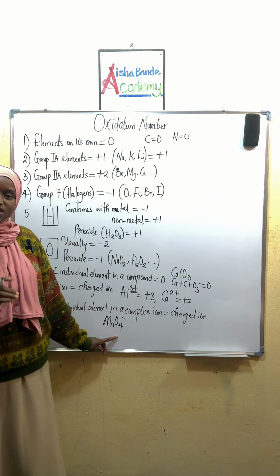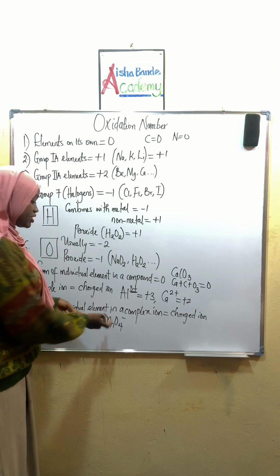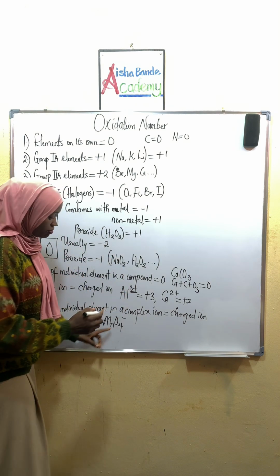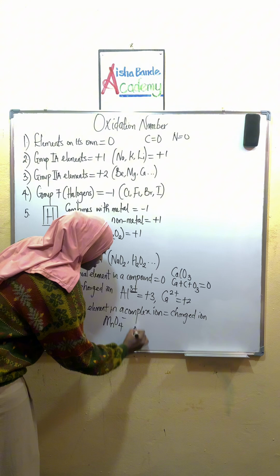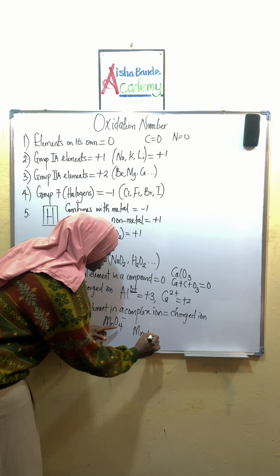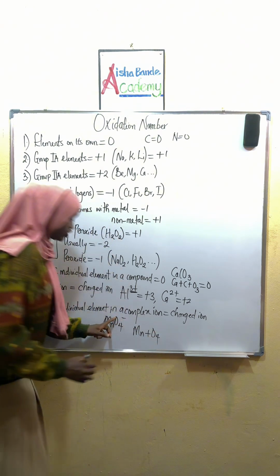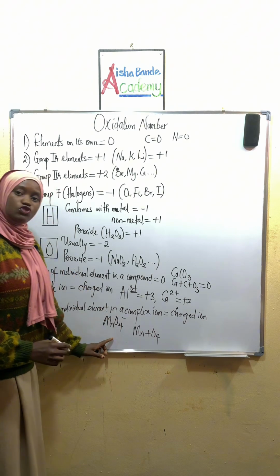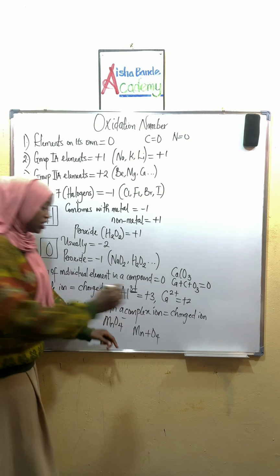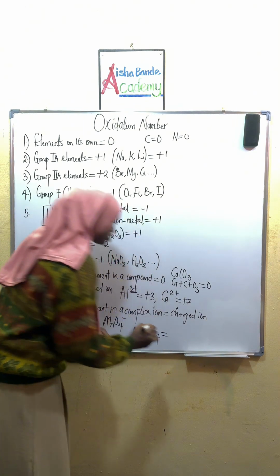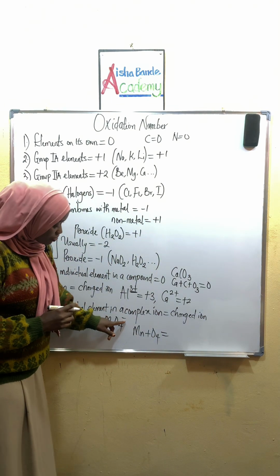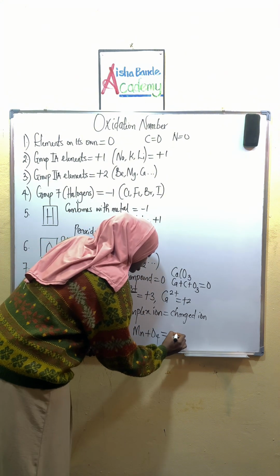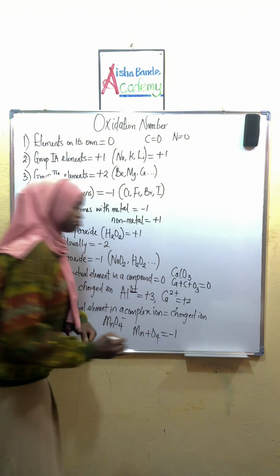This is a complex ion. So let's interpret this. What this means is that the sum of the individual elements we have here, manganese plus oxygen, that is O4, right? So this is the sum of the individual elements for this complex ion. The sum equals the charge on the ion. The charge it is carrying here is -1 because this is minus. So that means the total oxidation number here is -1.